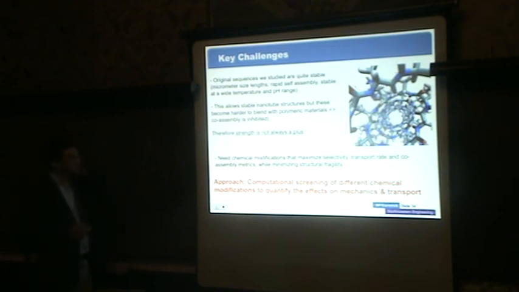The reason is that the nanotubes form prematurely when you're trying to co-assemble them with the matrix, so you don't get a well dispersed, co-assembled, uniform structure. So in this sense, strength is unfortunately not always a plus. We can't just design for strength in this case.